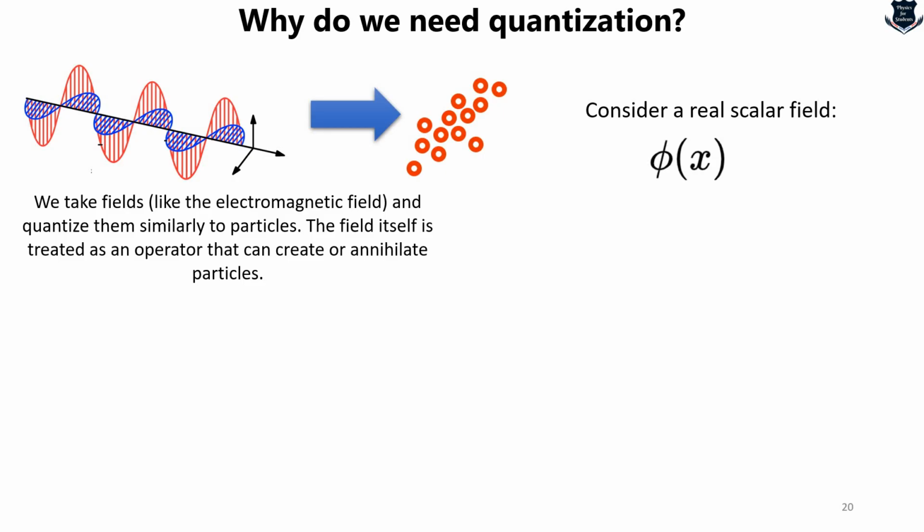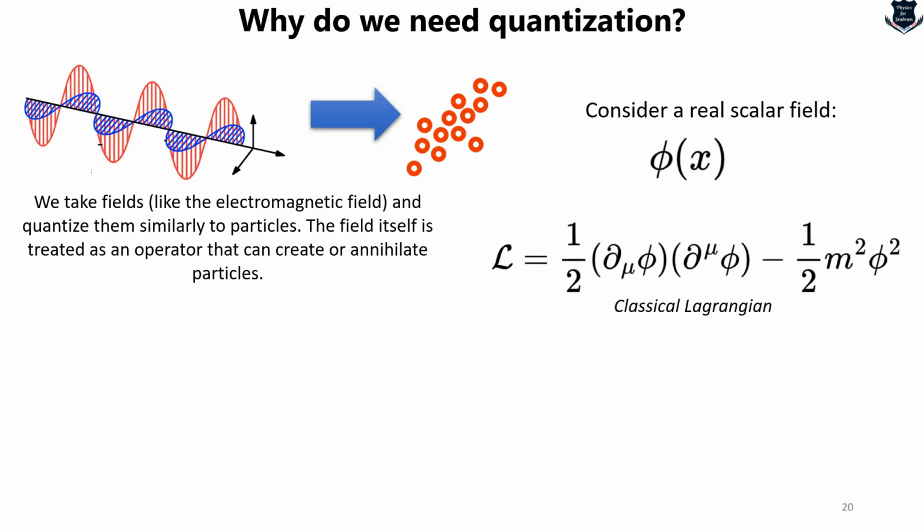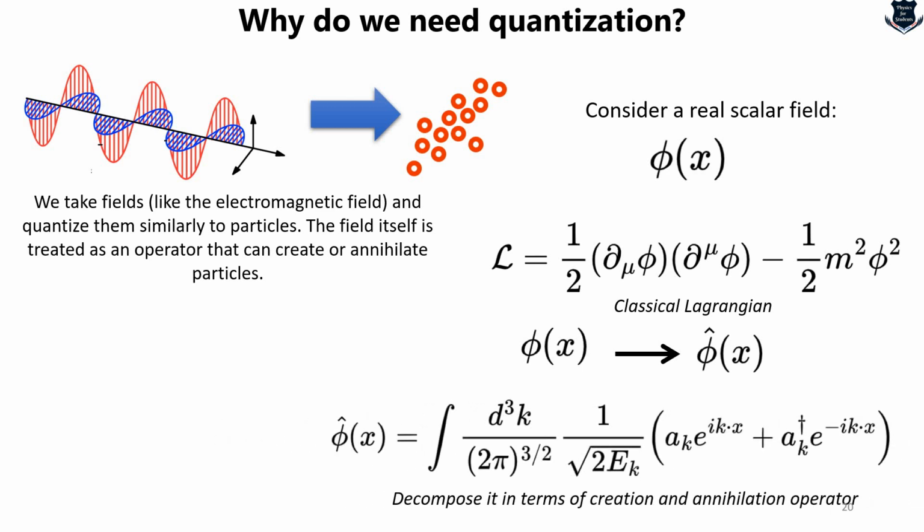The classical Lagrangian is expressed like this. This is the classical Lagrangian. Now, what happens in quantum field theory if we promote this phi of x to phi hat of x? That means it becomes a field operator. And if we decompose this, this is the term which shows the creation and annihilation operators.